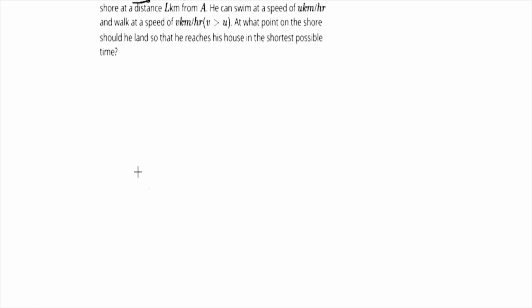Now let us one by one draw the figure for the given question. So they are saying that a point S is at a closest distance from A. So we know that the distance between 2 points is closest when their distance is in a straight line. So this is a straight line, and let this point be A and this point be S, where the swimmer is in the sea, and this is the point at the shore.